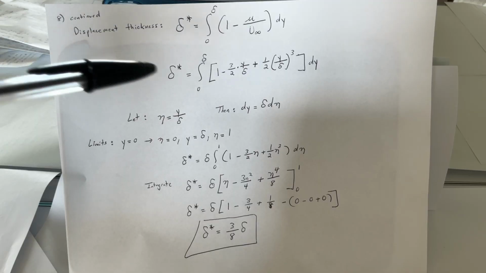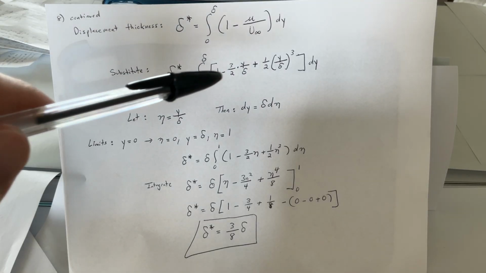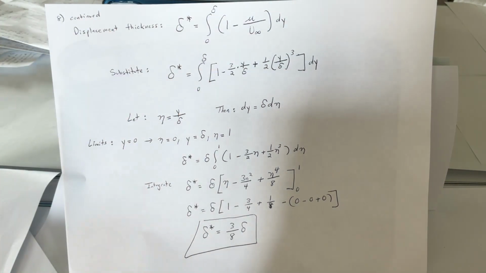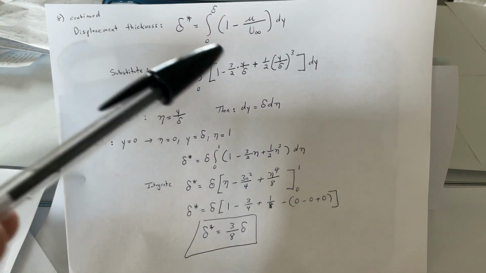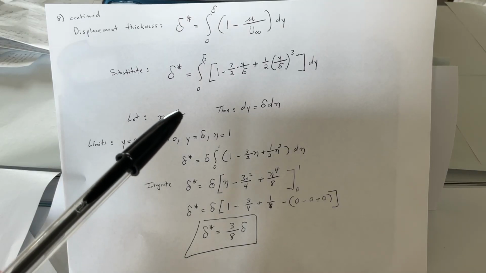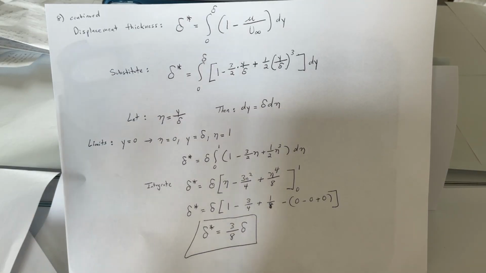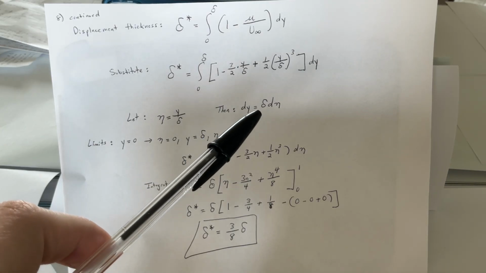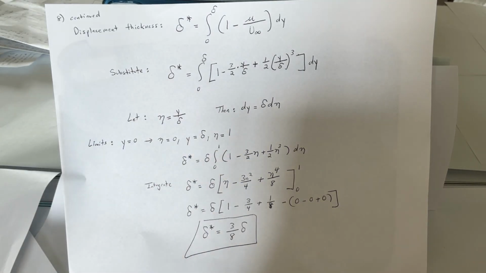When we do that and substitute, it's going to be this integral, substituting what we had on the prior page. And what we're going to do here is let nu equal y over delta. If that's the case, then dy is going to equal delta times d nu.